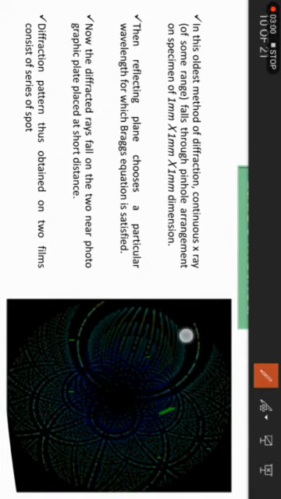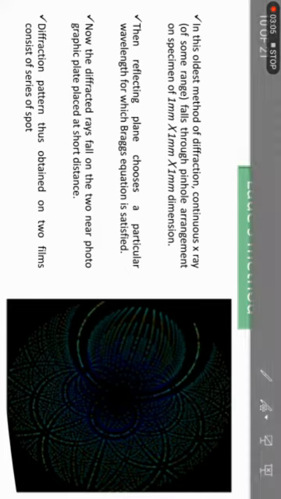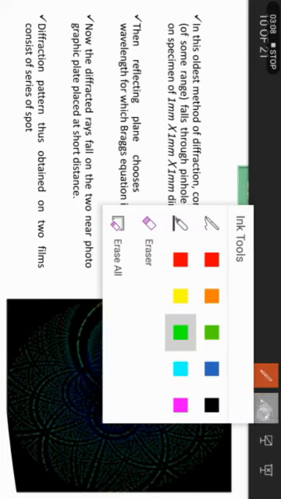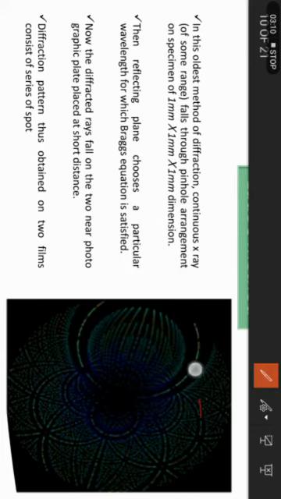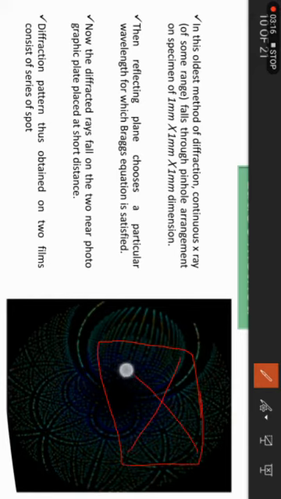like, let me erase. So suppose these lines are signifying those folds.